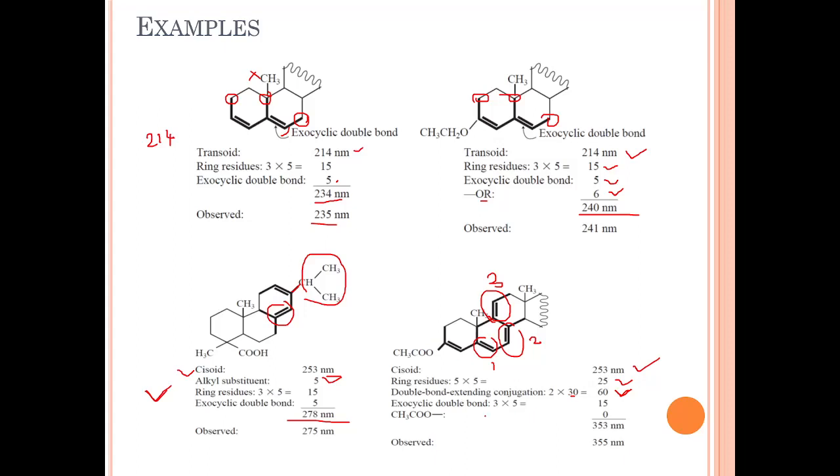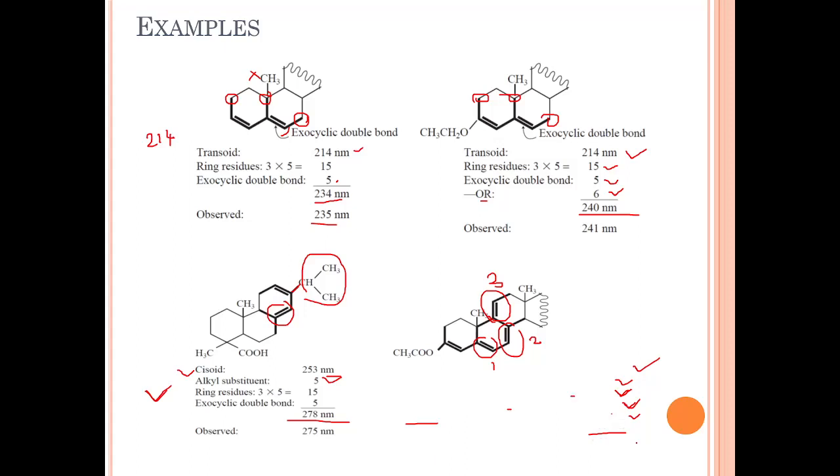So we have 5 into 3, that is 15 for 3 exocyclic double bonds. As you know, OCOCH3 is considered as 0, so we will not add anything for this OCOCH3 substituent for the dienes. Okay, so if we calculate, then its lambda max becomes 353 nanometer.